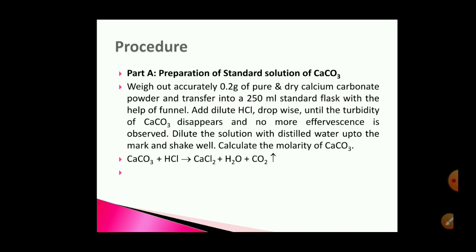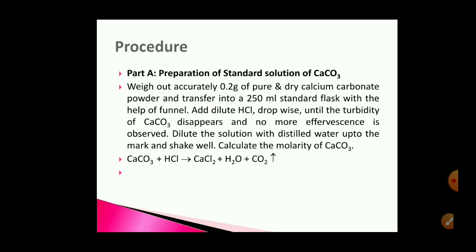So we will observe effervescence on the addition of HCl into the CaCO3 powder. And once this effervescence subsides, we will notice that there is a very clear solution at the bottom of the flask. After that we have to add distilled water up to the mark in the flask, which will represent 250 ml, and then we will shake it well for further use.